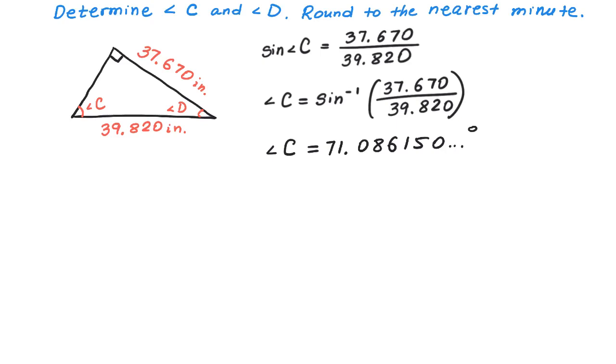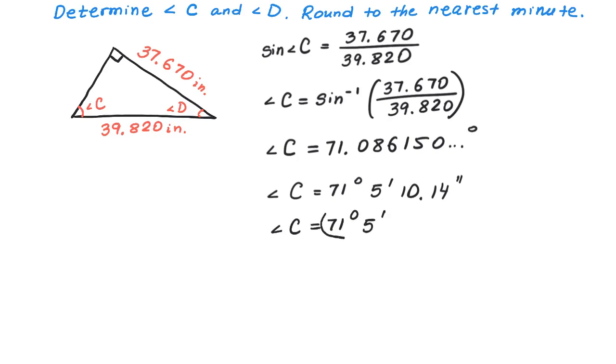Now convert this into degrees, minutes and seconds and round to the nearest minute. So far I have that angle C equals 71 degrees, 5 minutes and 10.14 seconds. 10.14 seconds is less than half a minute, therefore we will just drop it and C will be equal to 71 degrees and 5 minutes.